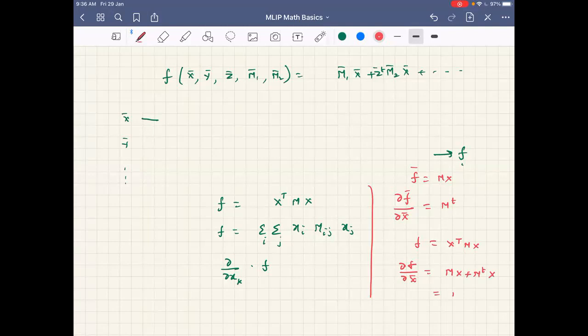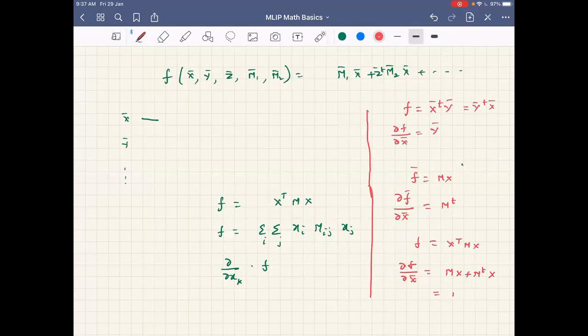These are very important identities, I would say, because I will be using them later, at several points of time. Also, we have seen when f is equal to x transpose y, or y transpose x, dou f by dou x is equal to y.